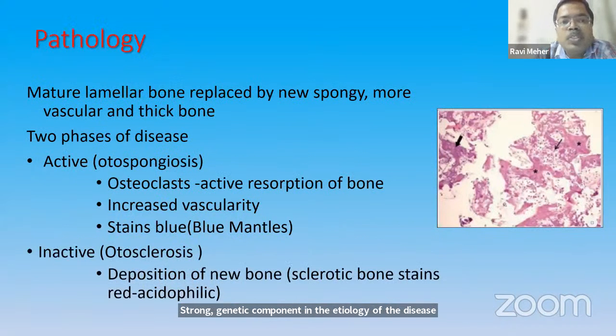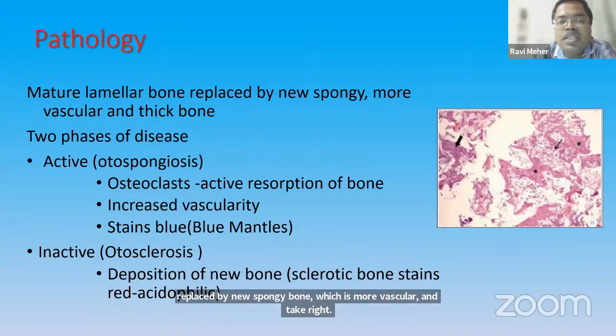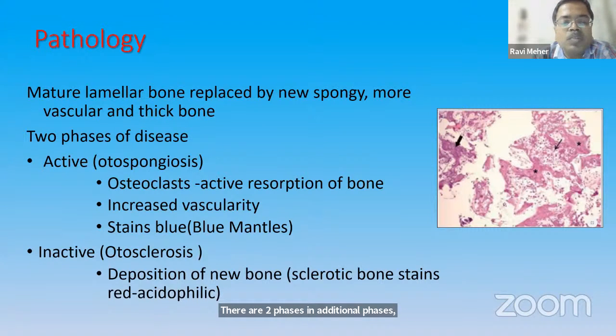As I already told you, the mature lamellar bone is replaced by new spongy bone, which is more vascular and thick, right? There are two phases. Initial phase is active phase, which is the otospongiosis, and there is an inactive stage, which is called as otosclerosis, which is the end stage.